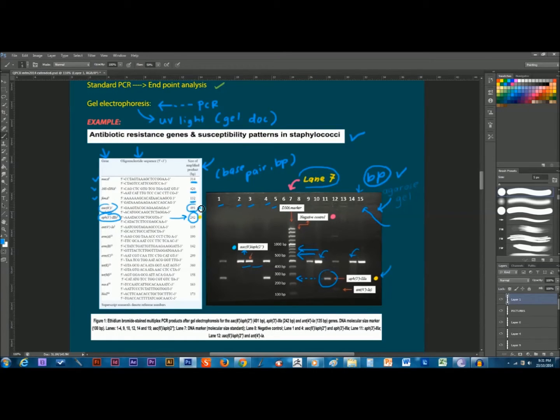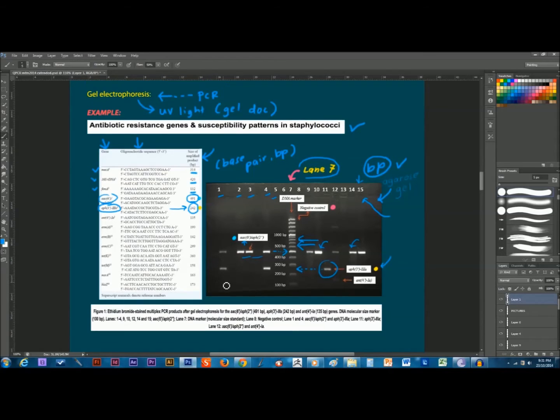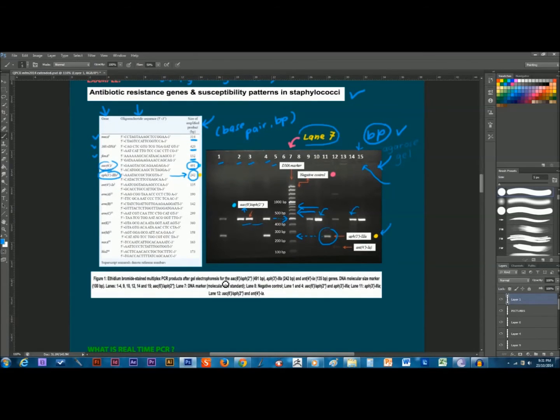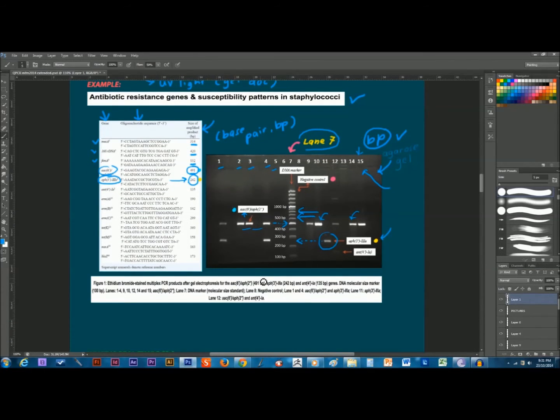So based on the gel electrophoresis, we know which gene our product is derived from. But in real-time PCR, there is no need to run gel electrophoresis because our analysis can be done in the software. By using the software, we can look at the amplification curve, the standard curve, and the melting curve analysis as well.